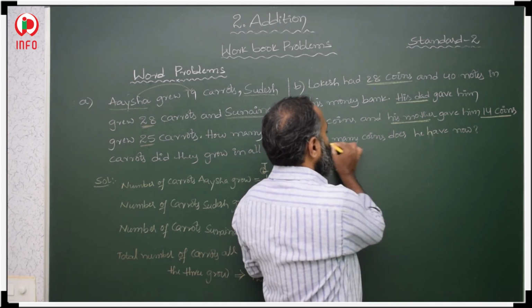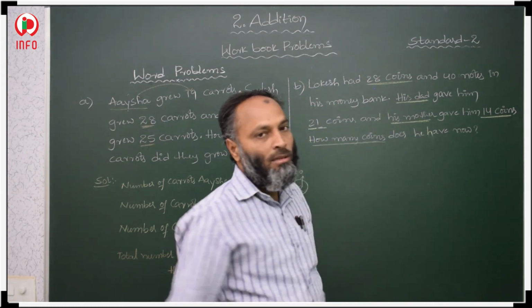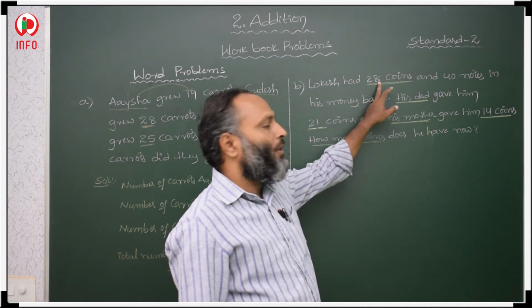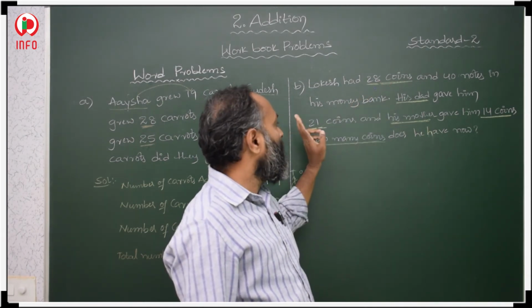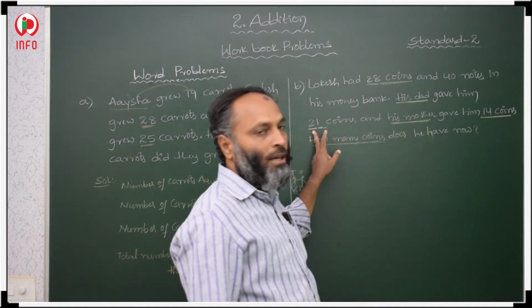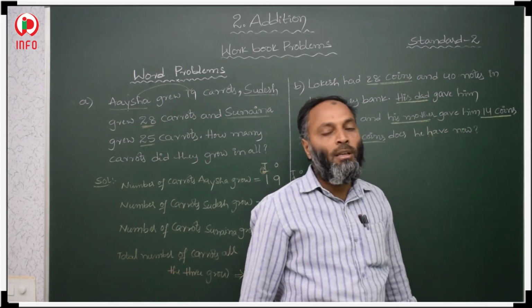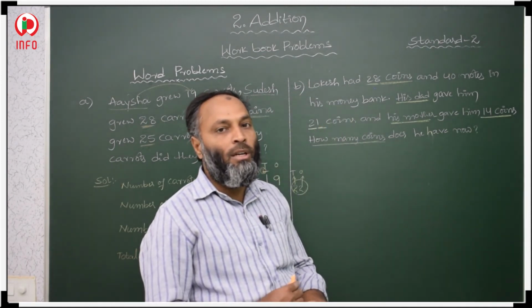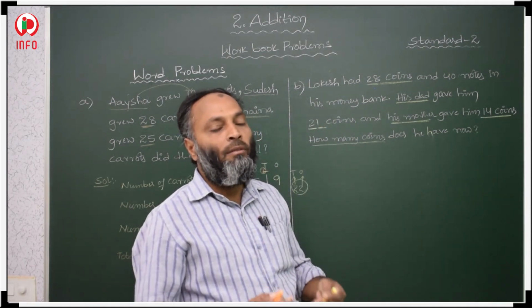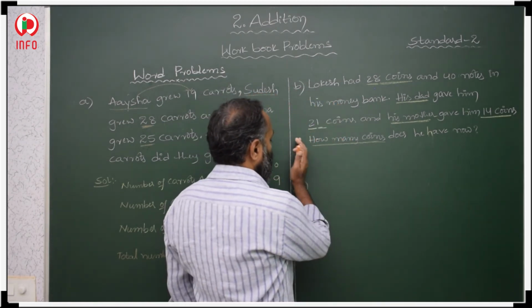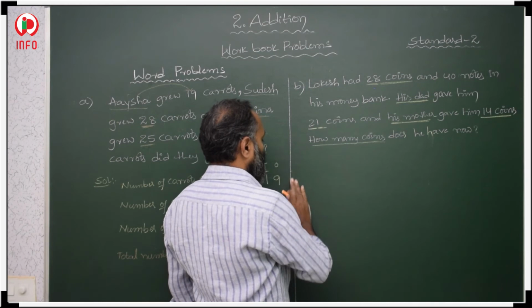So first, how many coins is he having in his money bank? 28 coins. And how many coins did his dad give him? 21 coins. Then how many coins did his mother give him? 14 coins. So then total coins we need. Whenever total is there, we have to add.